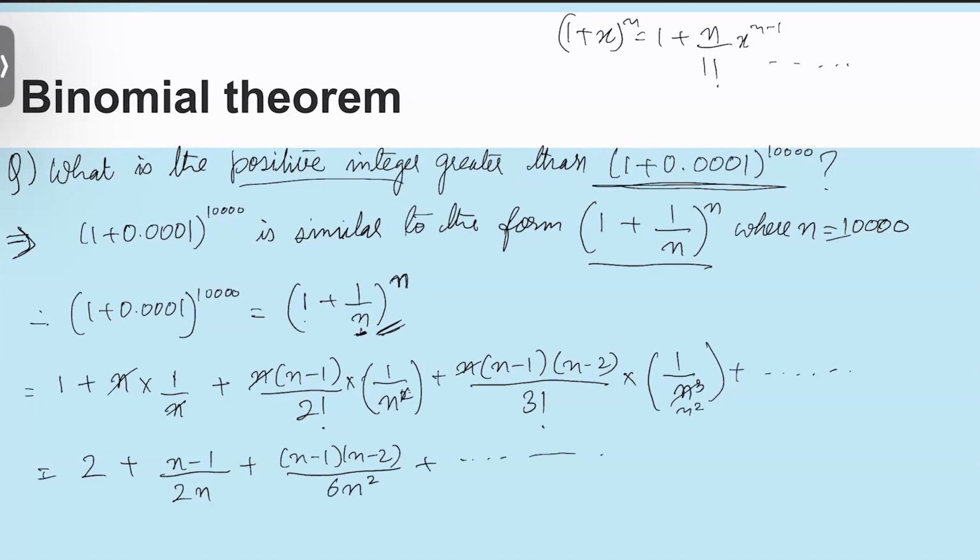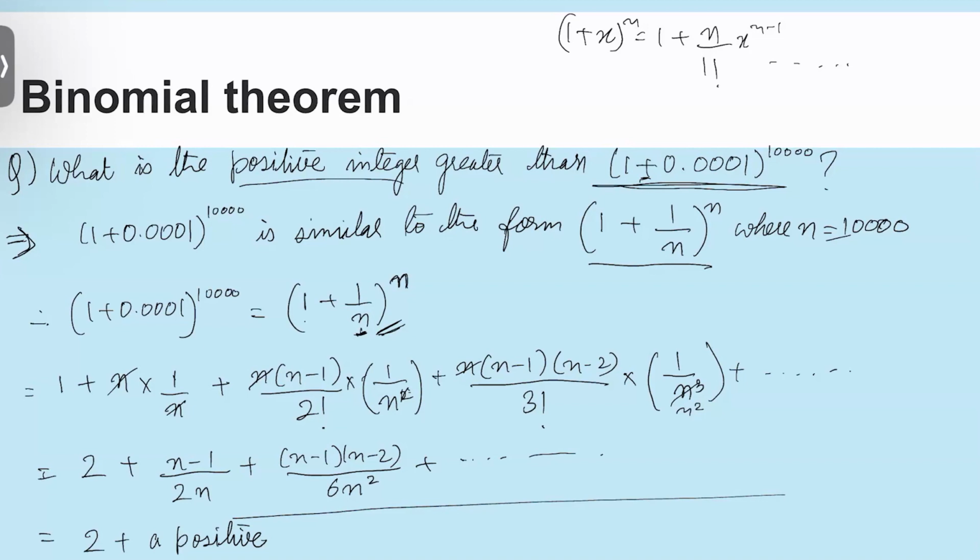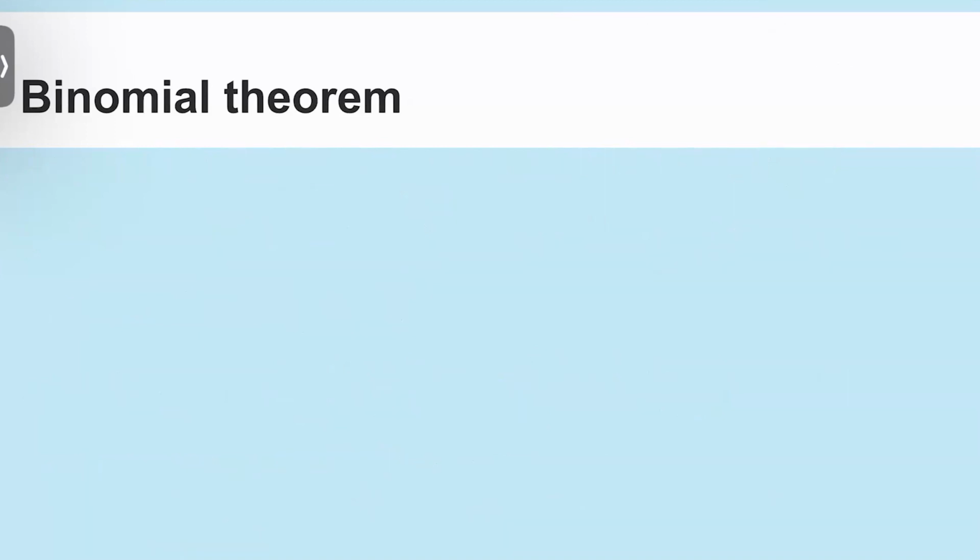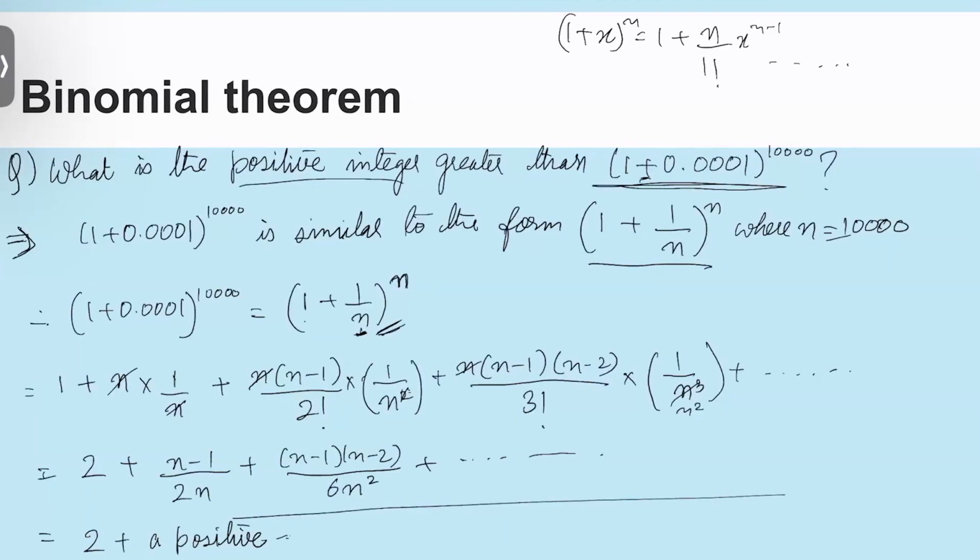Now over here you can see that all the other terms can be written in the form of a positive quantity, because we have mostly everything positive over here, and even the sum is positive. So this will be 2 plus a positive quantity.